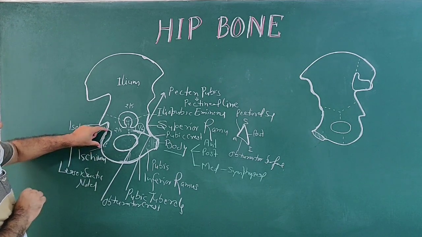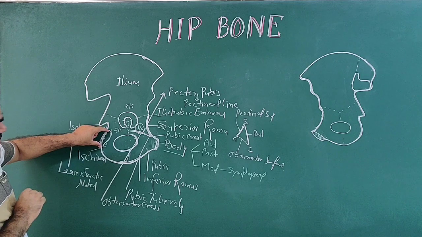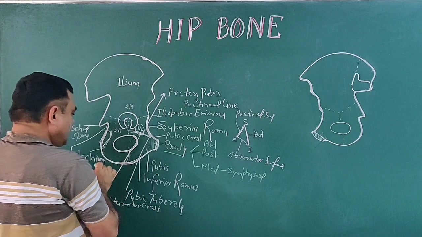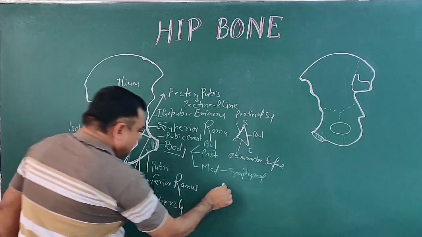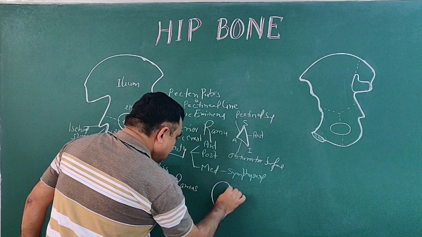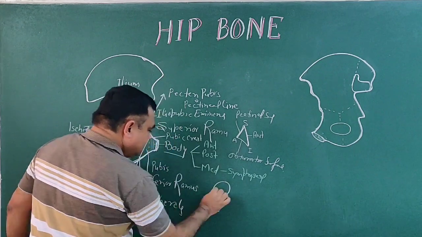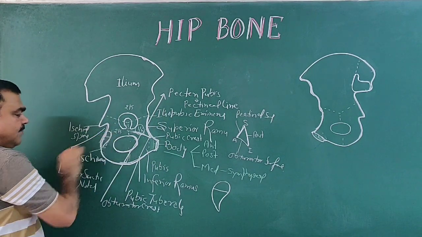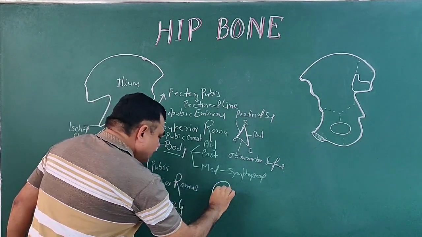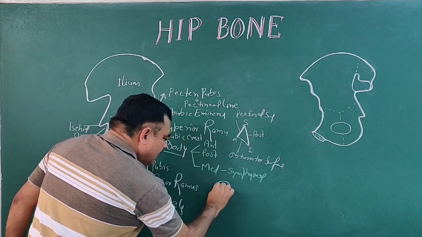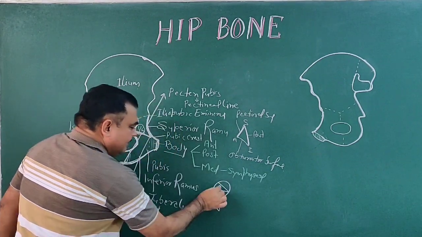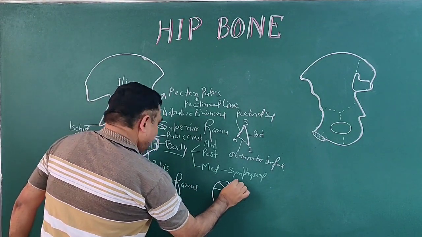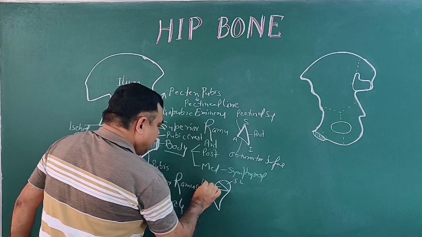And here is also the ischial tuberosity, an important structure. It is divided by an oblique line into a superior lateral part and an inferior medial part.